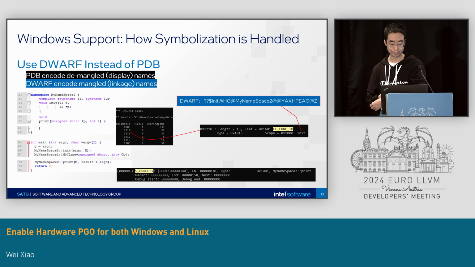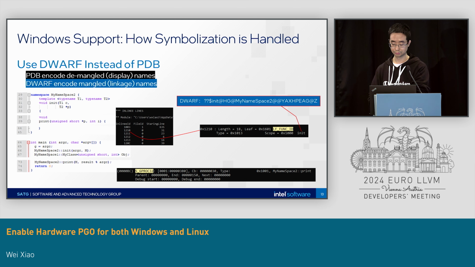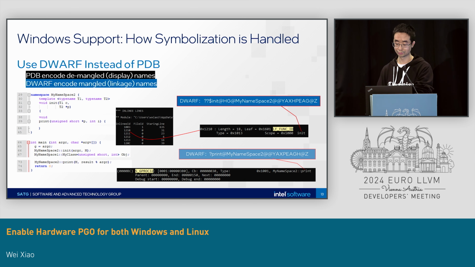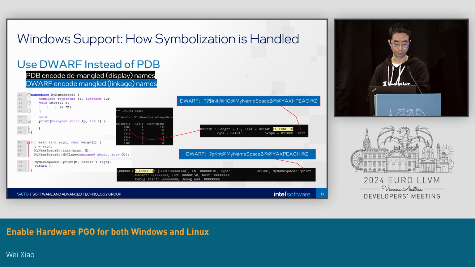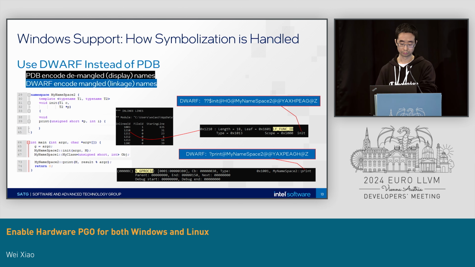And the second example is about the global function. We find that PDB will encode the demangled name. As you can see, it actually has a qualified name, but it's not what we want. We want the mangled name, which DWARF supports.